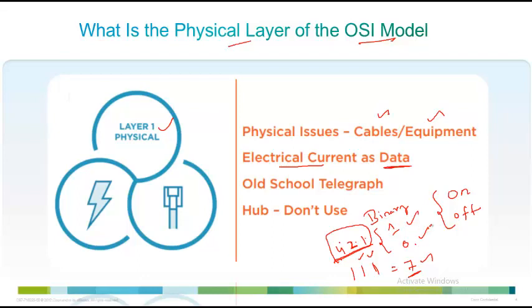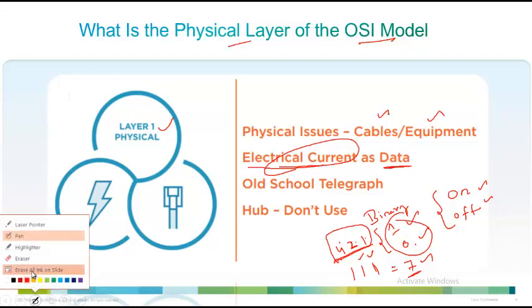0 and 1 is because the electric bulb, if you take, you can off it, you can on it. That's the two languages the electric signal knows. So our data are sent electrically, in the form of binary numbers, 0, 1, 1, 0, 0, 1, likewise.